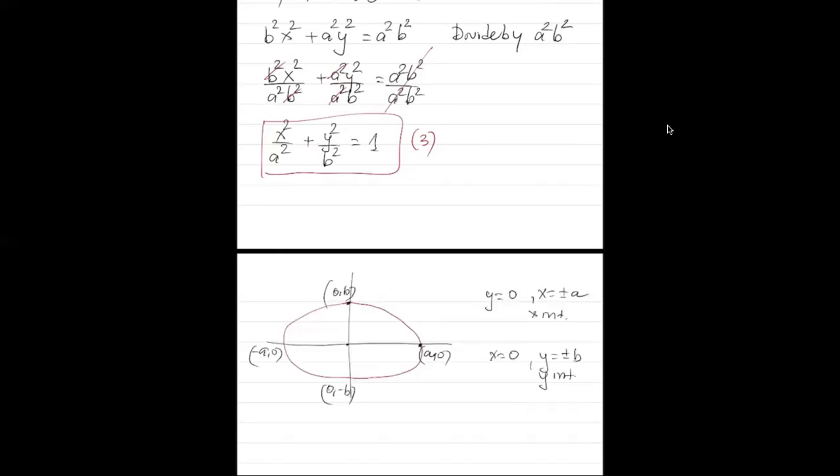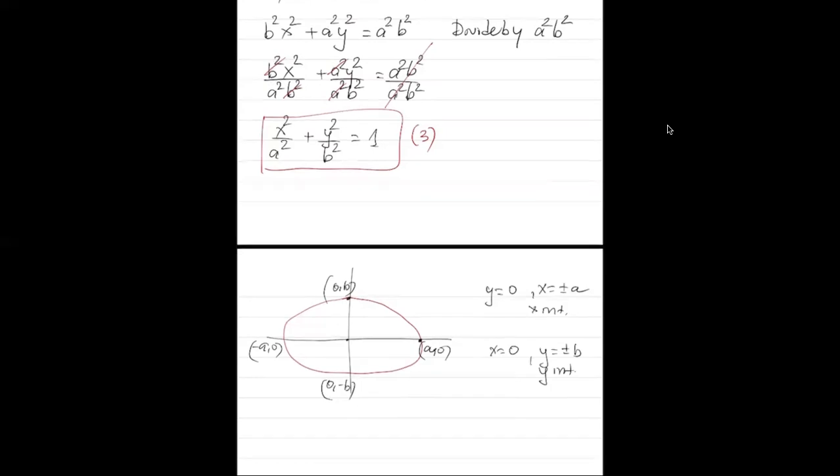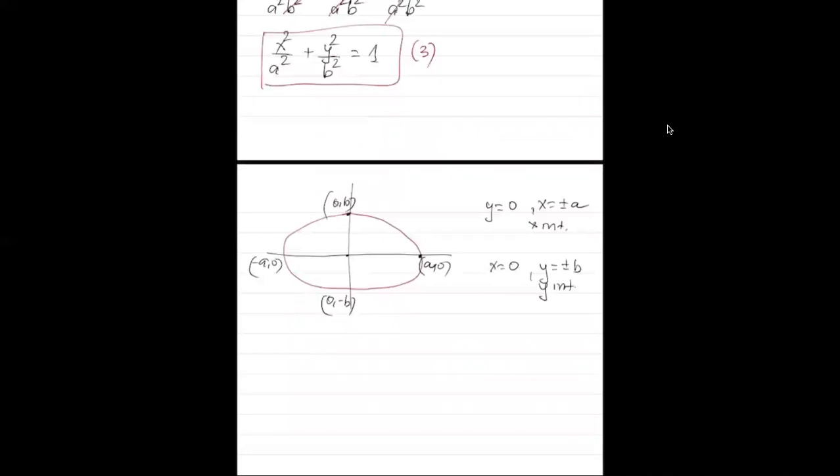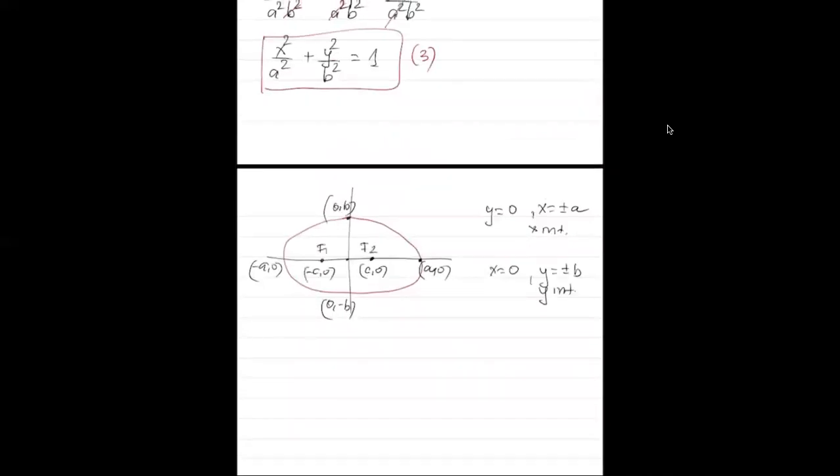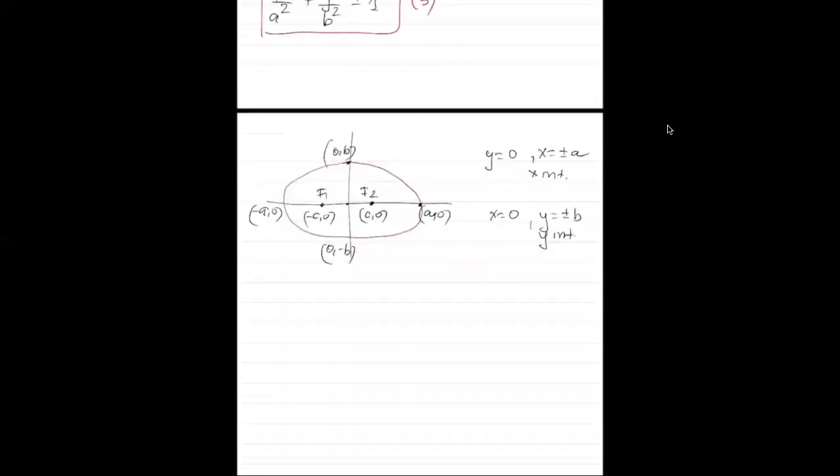So we have the foci right here, (c, 0) and (-c, 0), so F1 and F2. So we have vertices, we have foci, we have a major axis, so this is a major axis. Major axis is the axis along which the foci are located, and this is a minor axis.